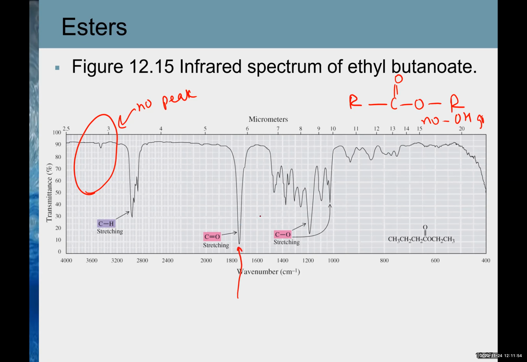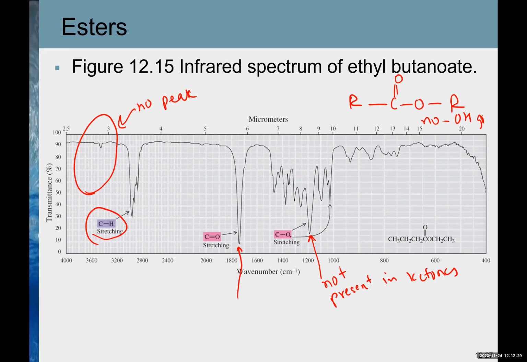This one is obviously the carbonyl, and these ones are stretching of CH bonds. That's the CO bond. This CO bond will be absent in ketones, because ketones do not have a C single bond O. Esters do have this bond at around 1200.